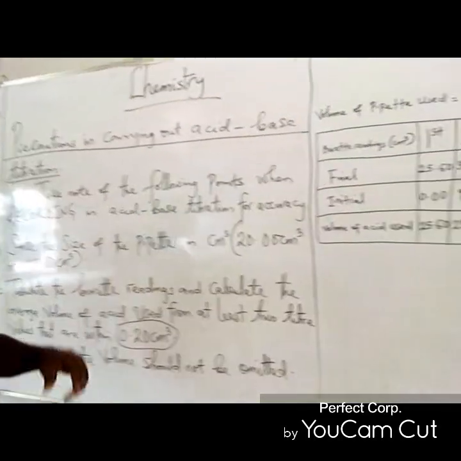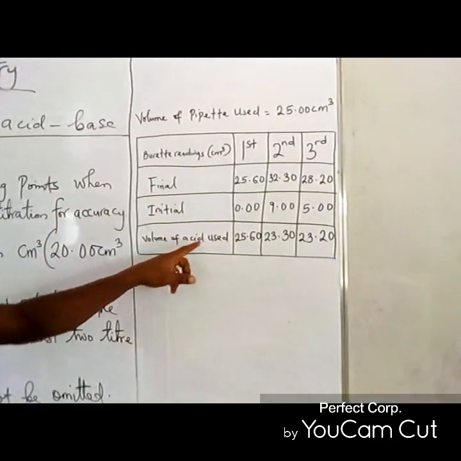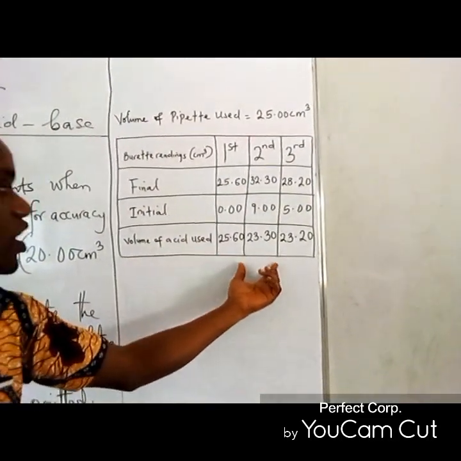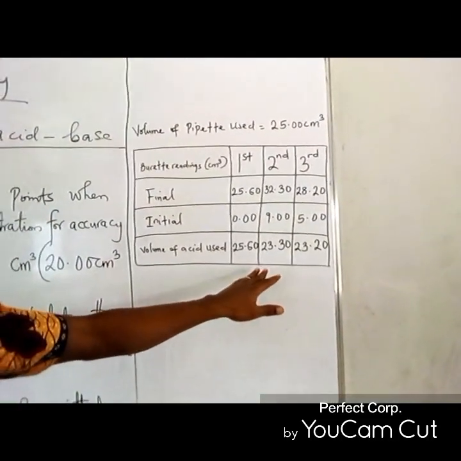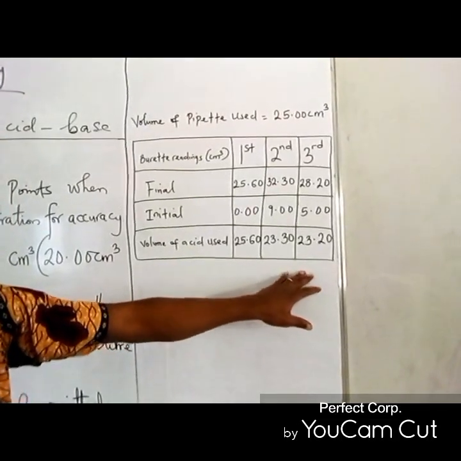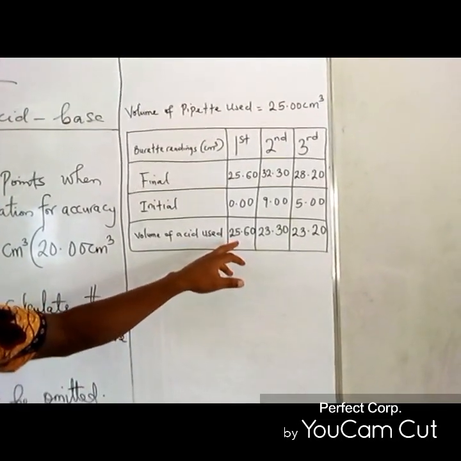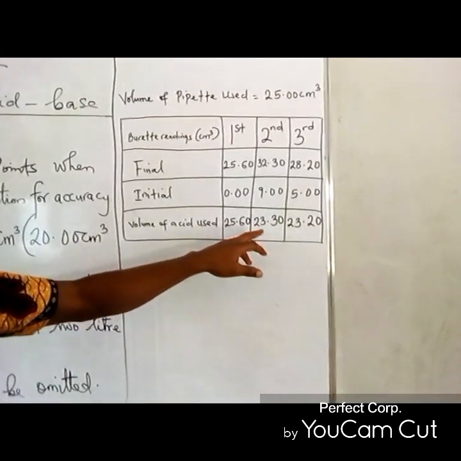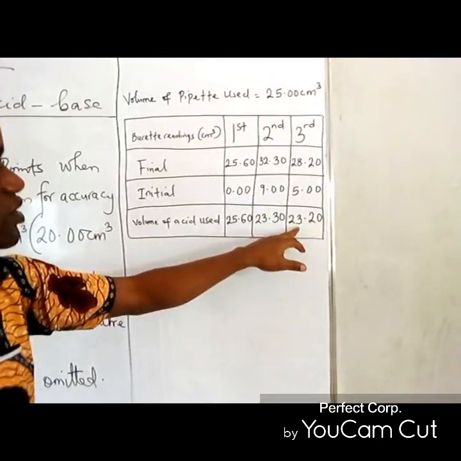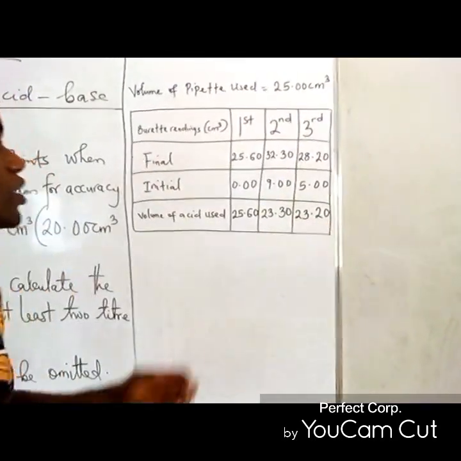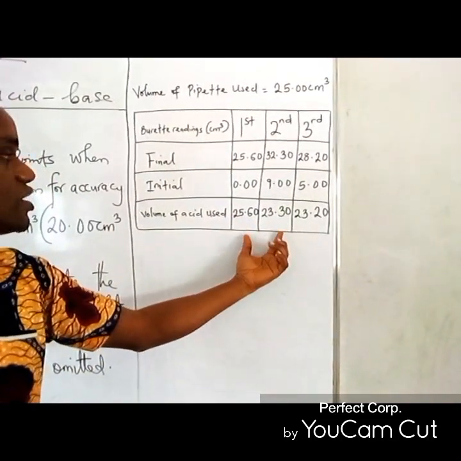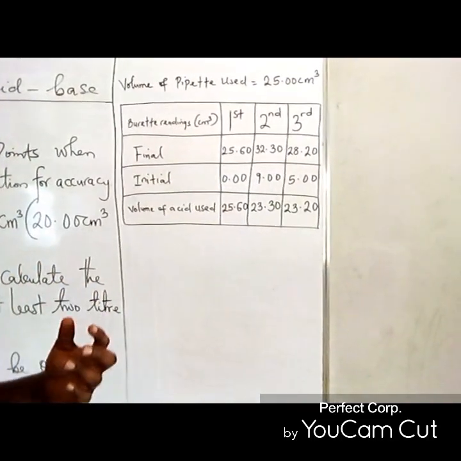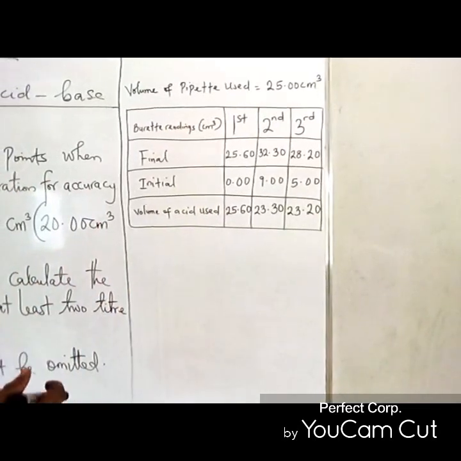Let's go back to the table. Volume of acid used: we have 3 titer values, 25.60, 23.30, and 23.20. Now, between these 3 volumes of acid used, we need just 2 of them.